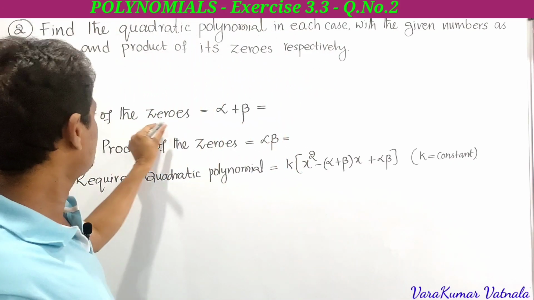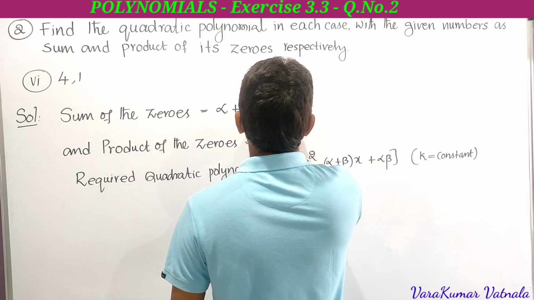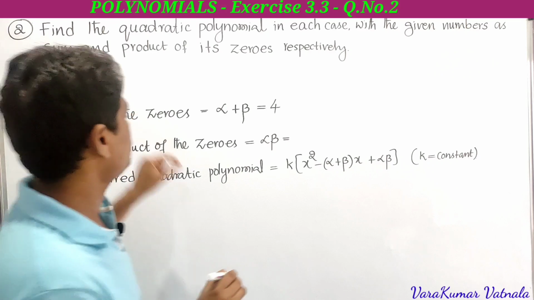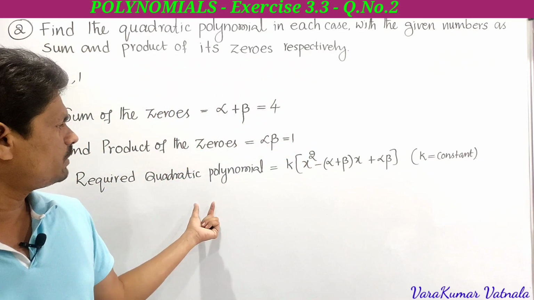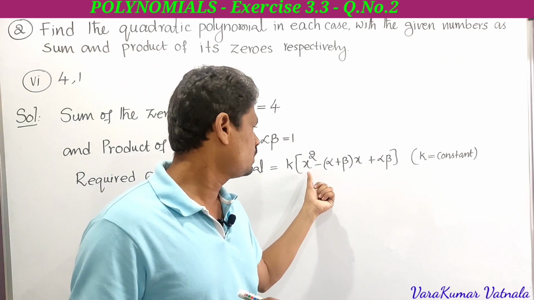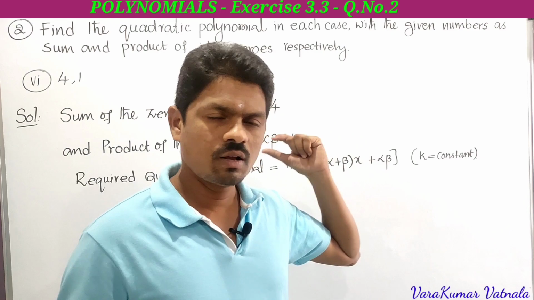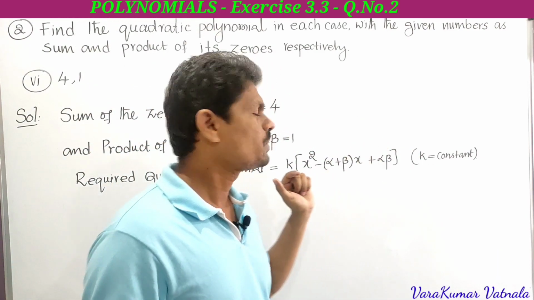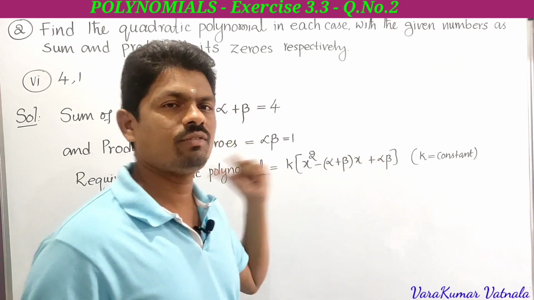So here the sum of the zeros, alpha plus beta, is 4. The first one is the sum of the zeros and the product of the zeros, alpha into beta, is 1. So the required quadratic polynomial is equal to k into x square minus alpha plus beta into x plus alpha into beta, where k is constant. So now we have to substitute alpha plus beta and alpha into beta in the formula.